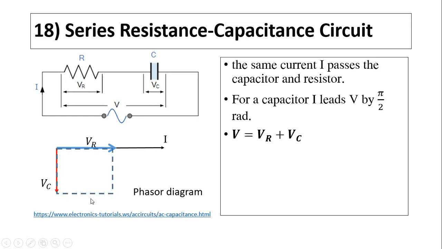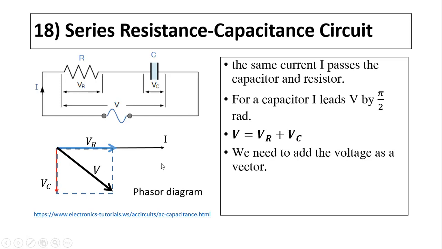Then we form a rectangle or parallelogram and then find the resultant. That's the resultant V. So we cannot add this normally like what we do in DC. We have to use a vector diagram to add them up because they are not in the same straight line. Okay, so that's V. So we need to add the voltage as a vector.